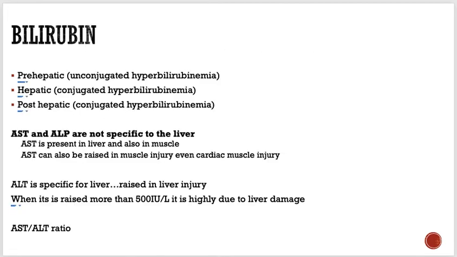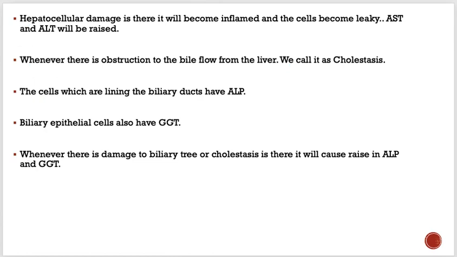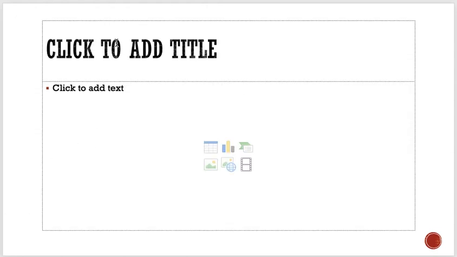So whenever, guys, there is post-hepatic or conjugated hyperbilirubinemia, and we find that there is an increase in GGT and ALP as well, we call it cholestasis or post-hepatic type of jaundice, right? So, for example, we can talk in this way.